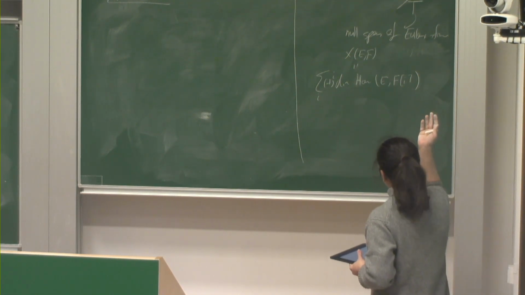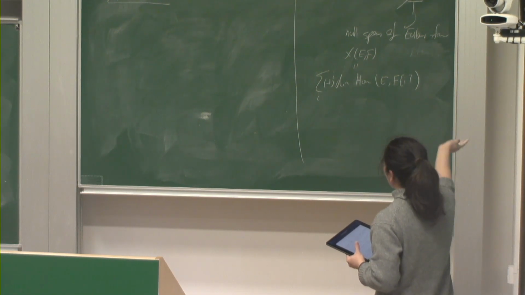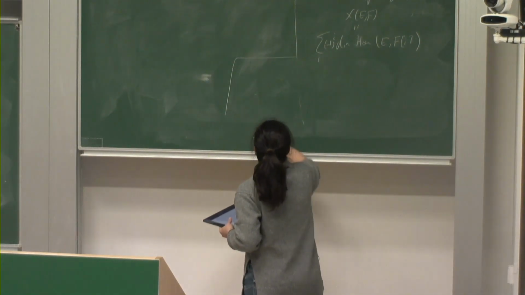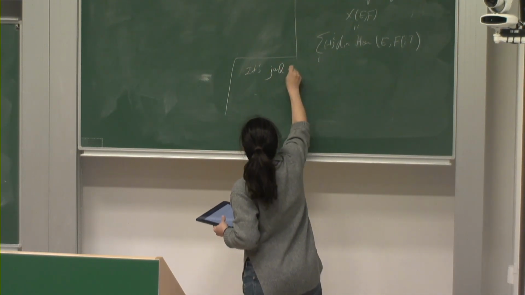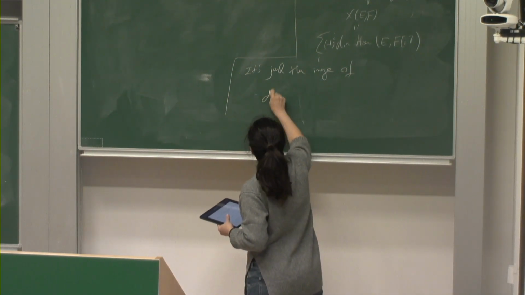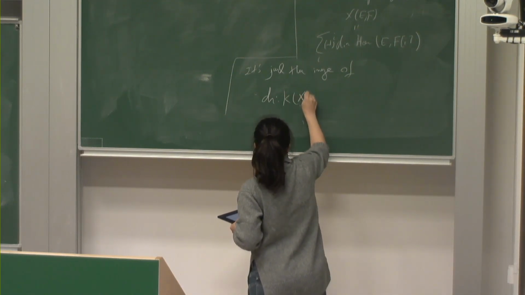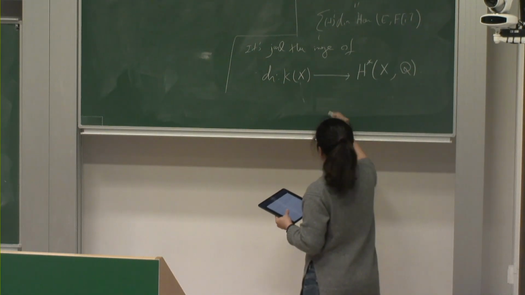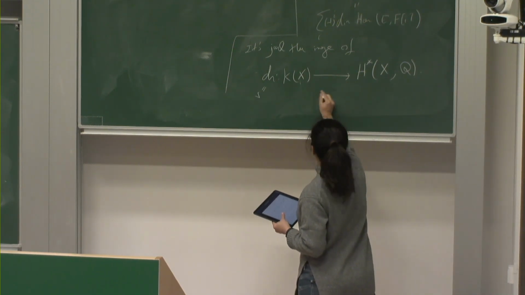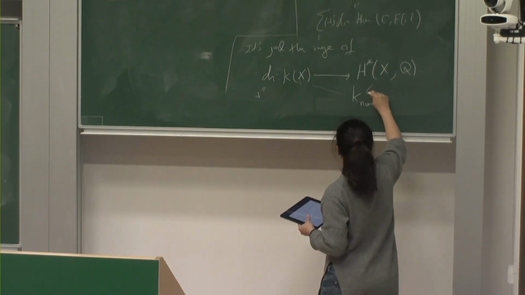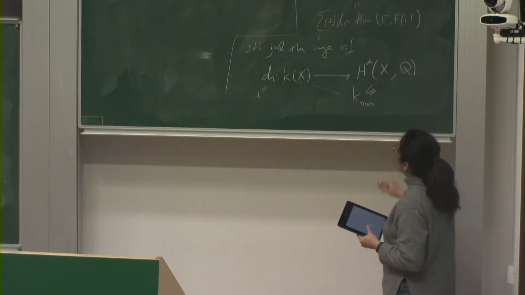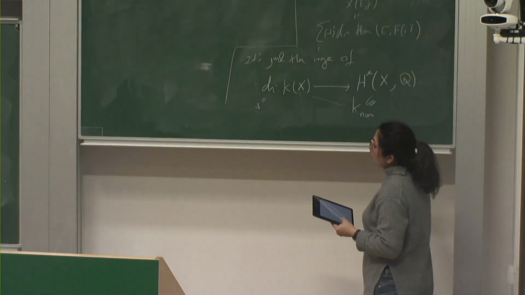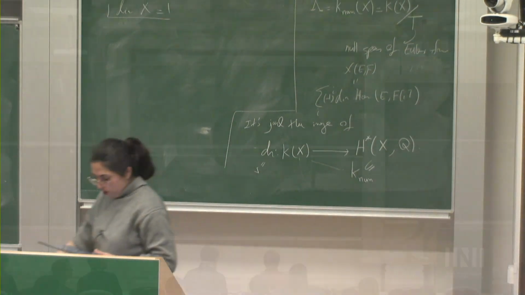But if you are not familiar with the numerical Grothendieck group, it's just the image of the Chern character map from the Grothendieck group of X to cohomology, H star of X, Q. So the function V that I've said in the beginning is just the Chern character, and the lattice is the numerical Grothendieck group.